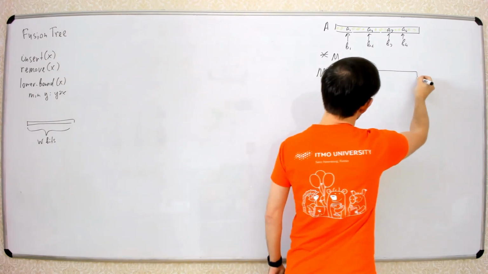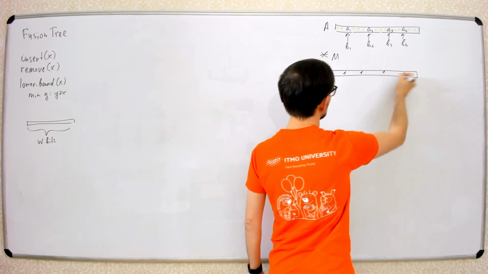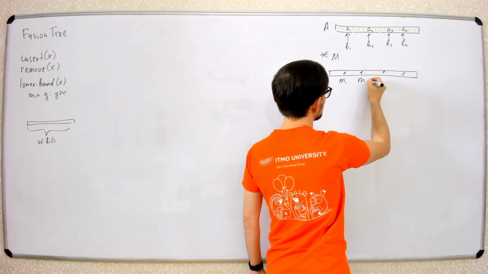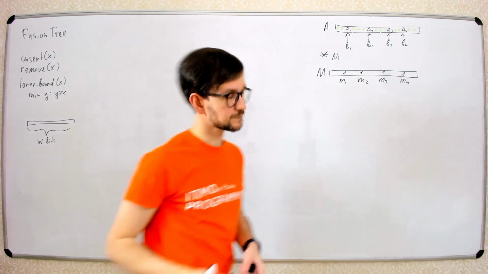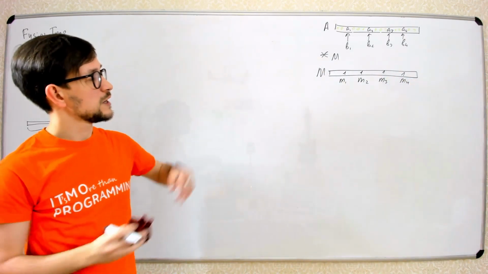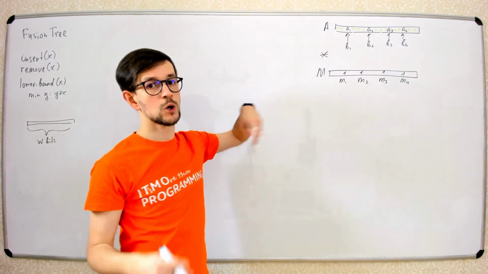M will be just a mask of zeros and ones. So we have ones in some positions M1, M2, M3, and M4. If I multiply A by this value M, what will I have in the result?